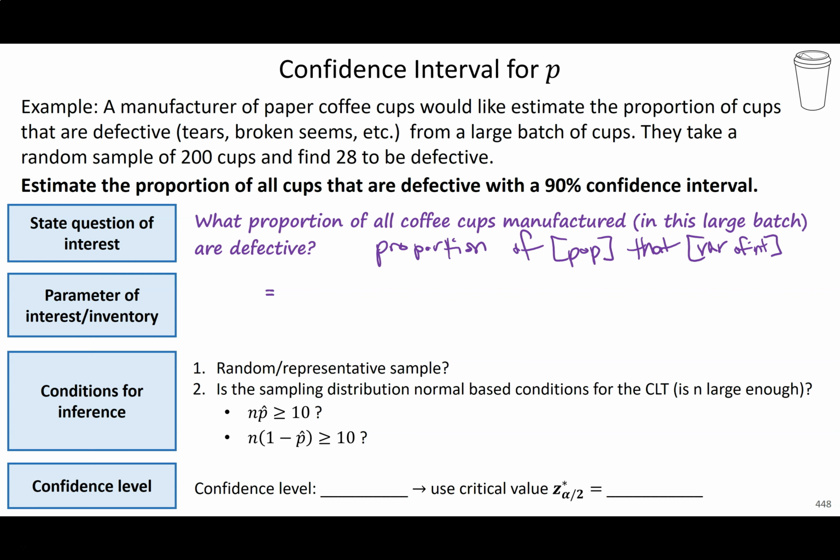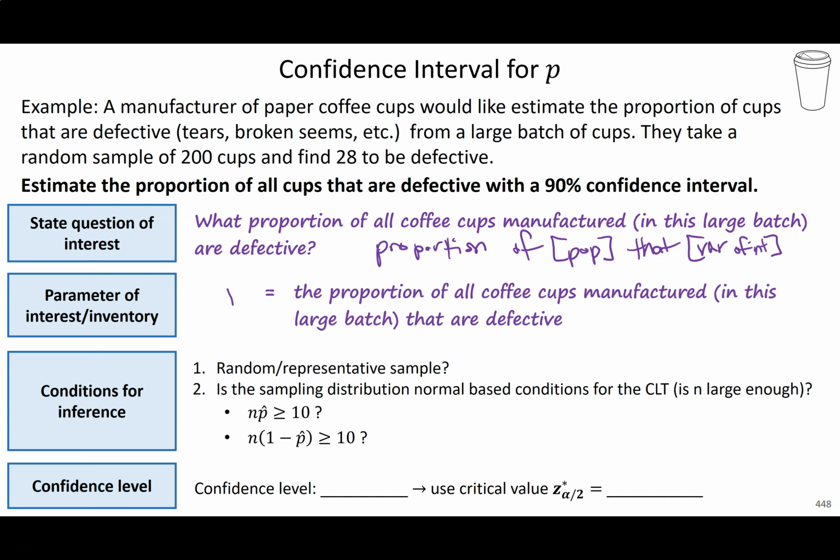So here, the proportion of all coffee cups manufactured in this batch that are defective. That's what we're looking at. So the notation for how you write a proportion is a little bit different here. My parameter of interest here, I'm going to use the letter P to represent the population proportion. So it's the proportion of all coffee cups manufactured from this batch that are defective.